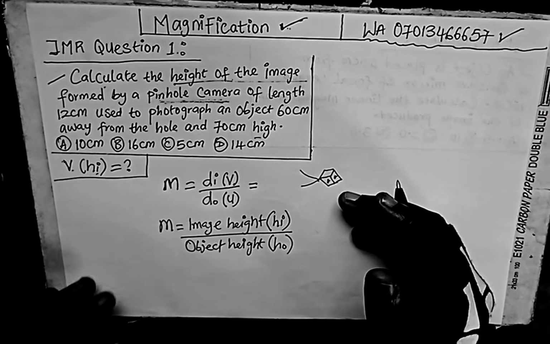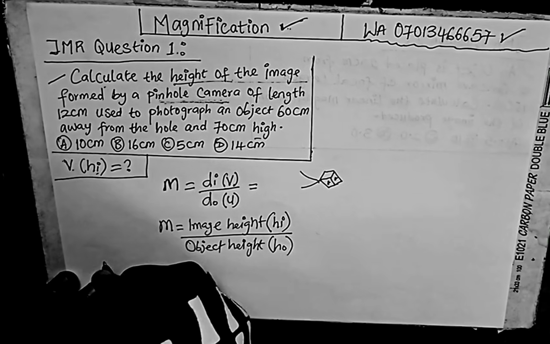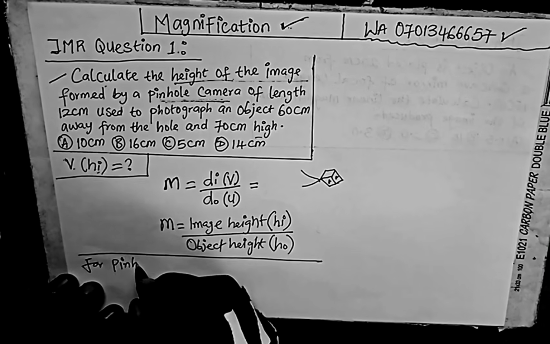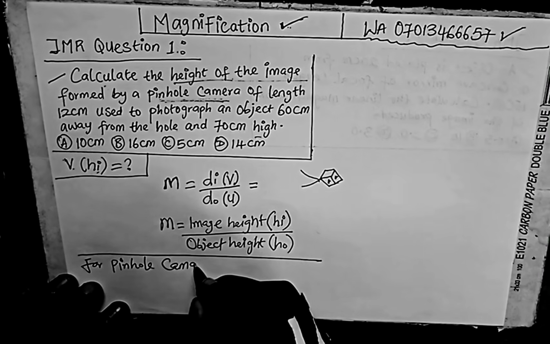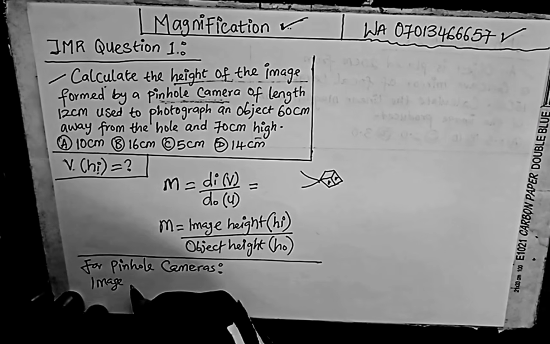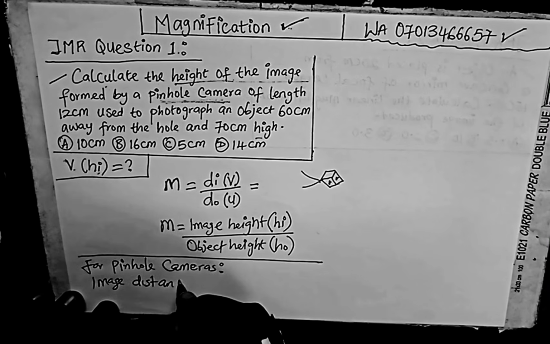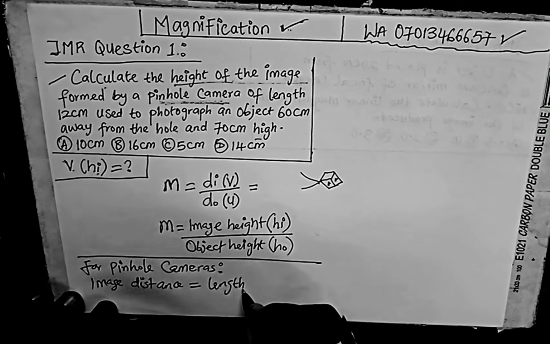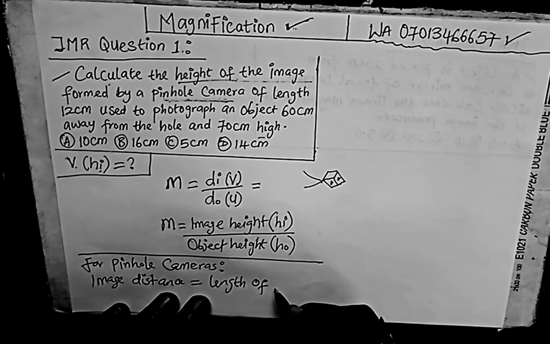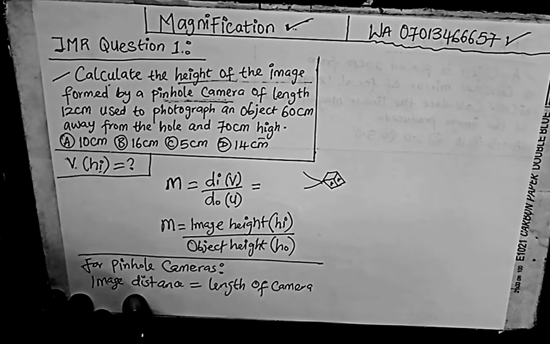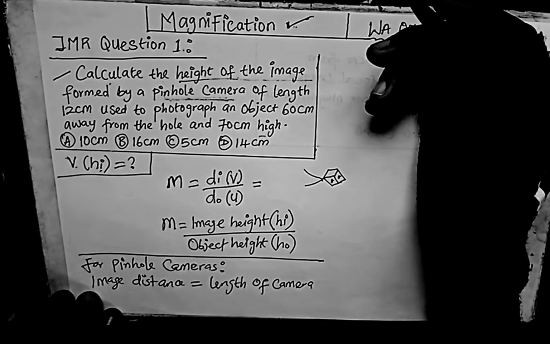A pinhole camera is like a box. Rays of light will pass through the hole and enter, and the image forms inside. It's the length of the camera that determines the distance of the image. I've taught this before in my lesson notes. Since image distance is equal to the length of the camera, that is going to help us to solve.